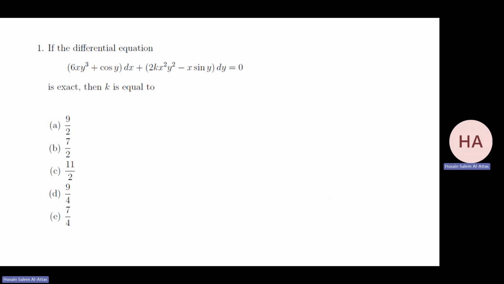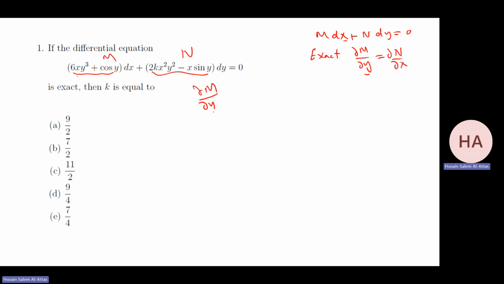Okay, if the differential equation is exact, we did something like that before. So you have M dx plus N dy equals 0. When will that be exact? If partial M with respect to y equals partial N with respect to x. So this is my M, this is my N. I have partial M with partial y.